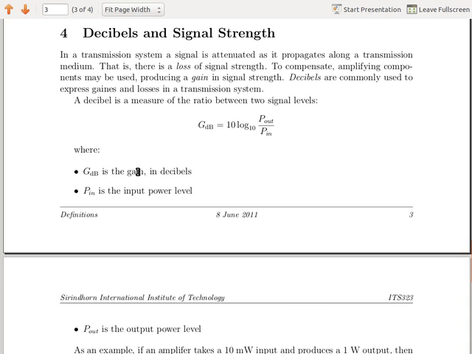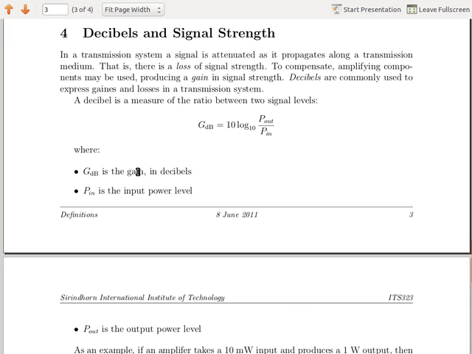With an absolute gain, a multiplier, of 10, our gain in decibels is 10 decibels. The absolute gain is a unitless value, while this has a unit of decibels. Let's say our amplifier takes 1 watt as input and produces 100 watts on output. Then our absolute gain is now 100. We increase by a factor of 100. Our gain in dB is the log of 100 divided by 1, which is 100 here.